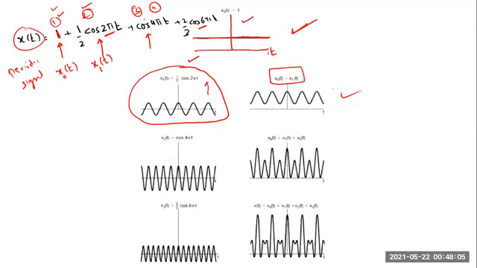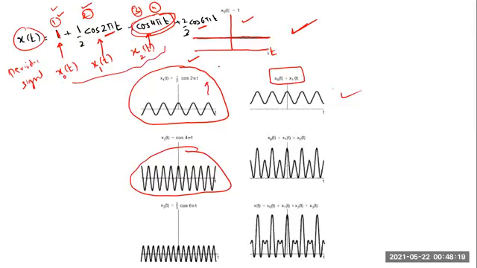And now if you consider the third component, which I can call x2 of t, if you plot only this signal, this is going to be its shape. But now if you add the three components, first, second, and third, together, this is going to be the shape of your signal.